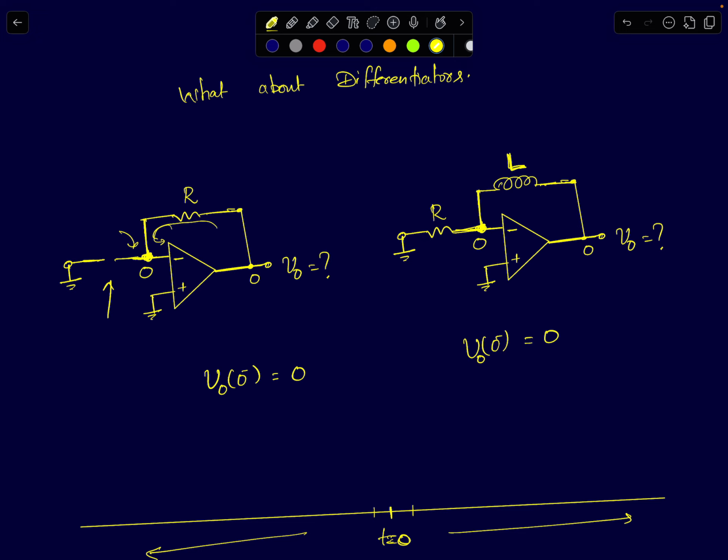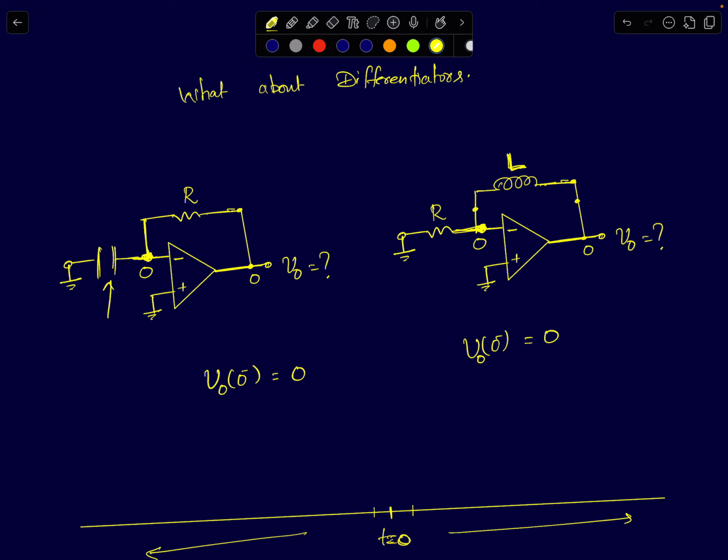Similarly, in this case, the inductor will act like a short circuit in the steady state. So again, it will act like a voltage follower. That's the one big difference between integrator and differentiator circuits. Keep this in mind: the differentiator circuits will have proper DC feedback in the steady state.